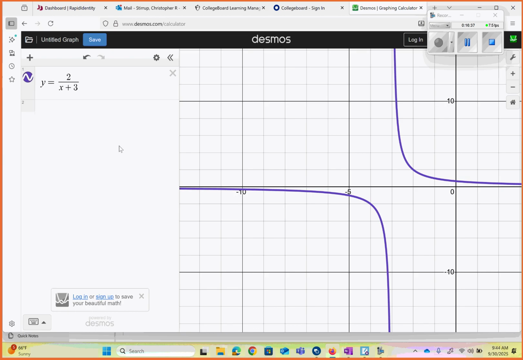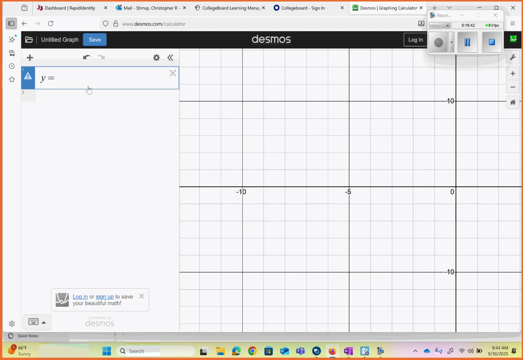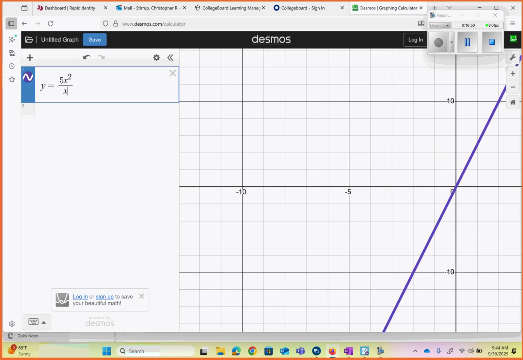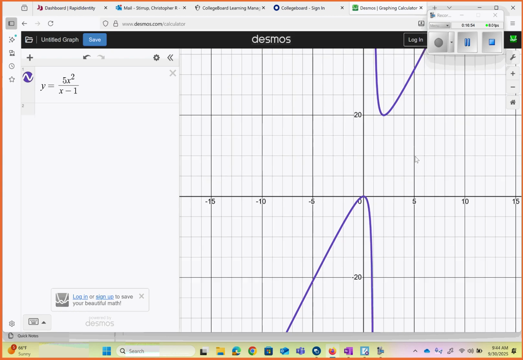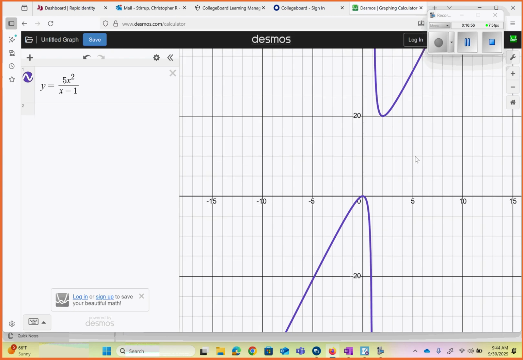All right, taking a look at the next one, we have 5x squared over x minus 1. Okay.